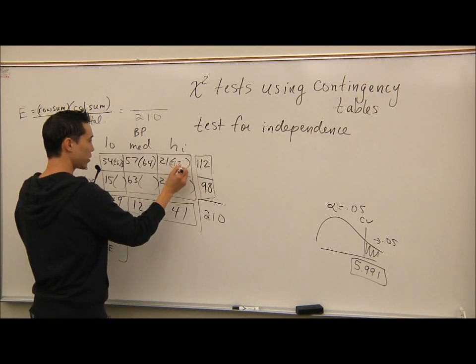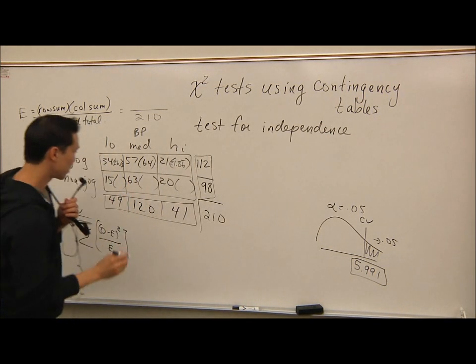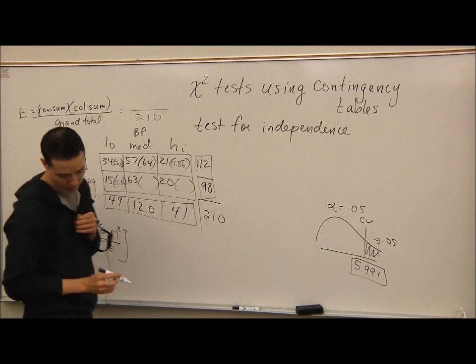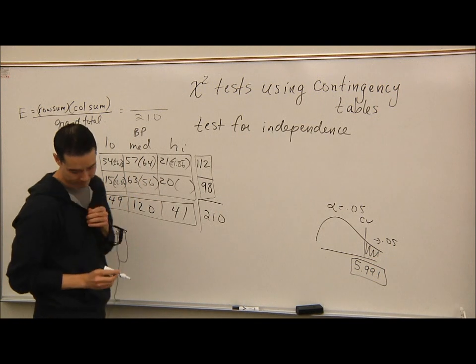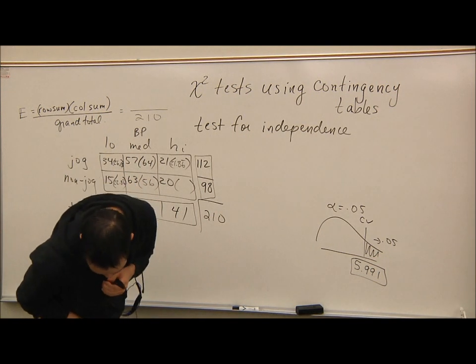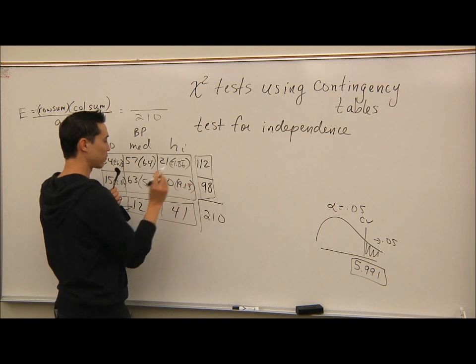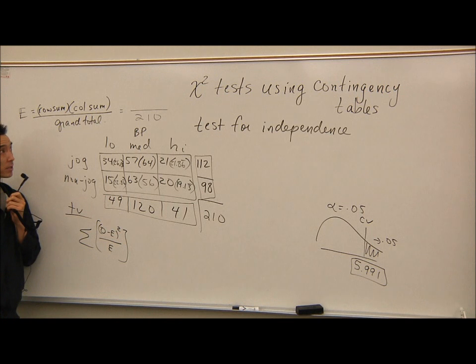This one I got 21.86 repeated. This one I got 22.86 repeated. And this one I got 56. And 19.13 repeated. Okay, so a lot of repeats. But just go through your math and double check that those are the expected values you get.